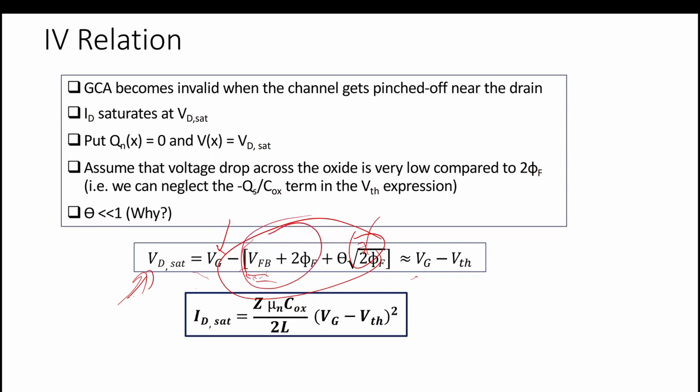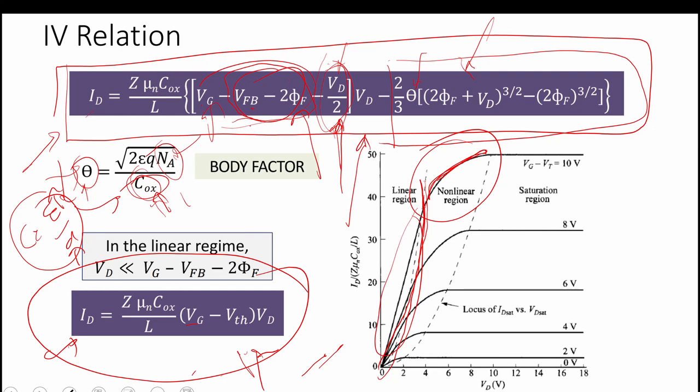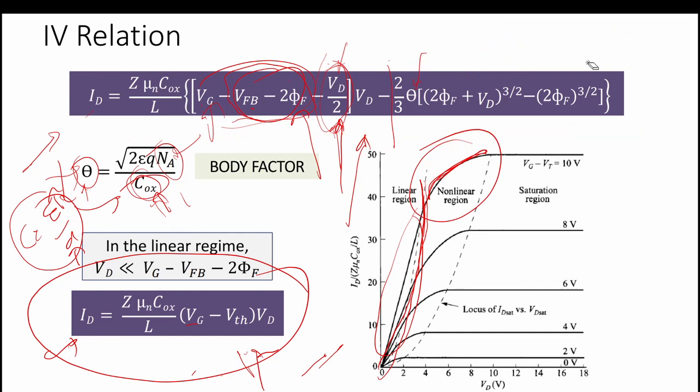So V_D saturation is approximately equal to V_G minus V_th. Just replace this V_D, because after saturation we can replace V_D with V_G minus V_th.